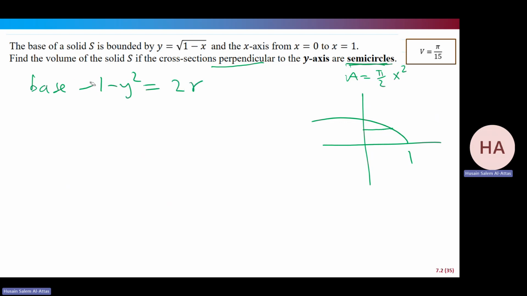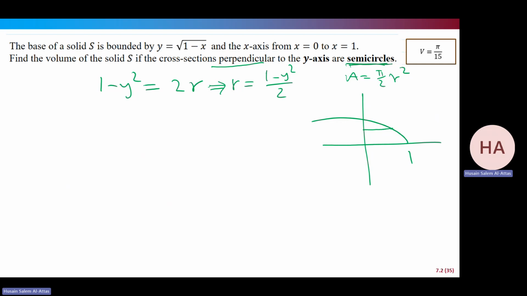This is not the base. This is the function: 1 minus y squared is equal to 2r. I need r, because the area uses r squared. So r will be 1 minus y squared over 2. We need to be careful.